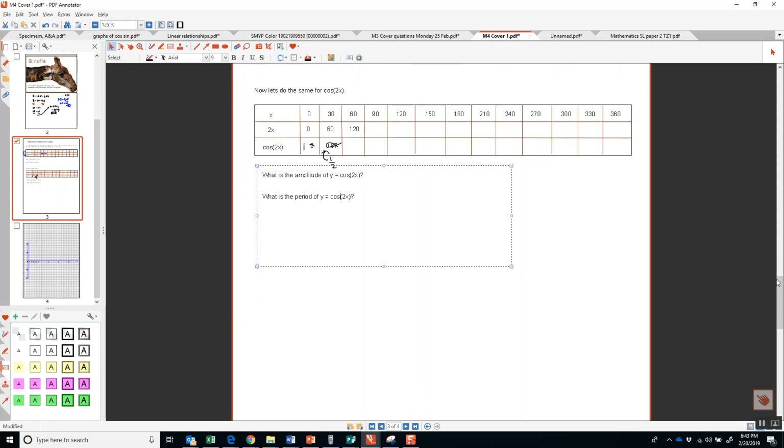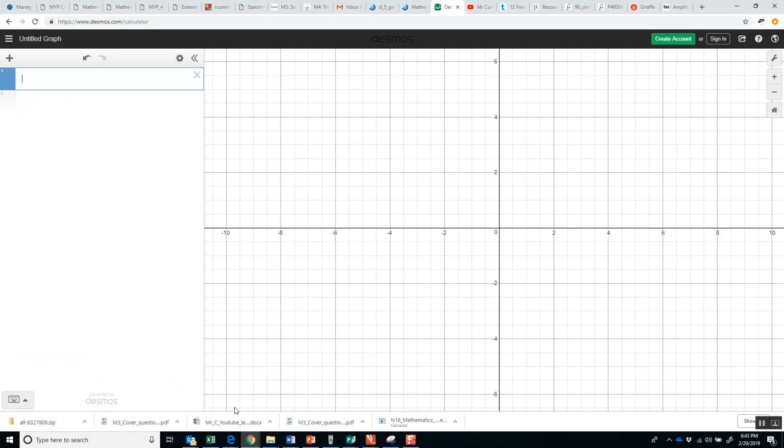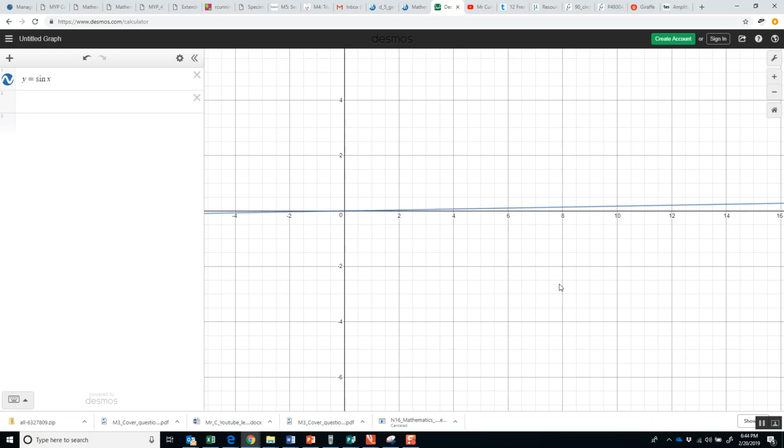So go on to Desmos. Just desmos.com, calculator, and put in certain values. So let's put in y equals sine x. Now it might look a bit funky. If it does look like this, it's not incorrect.